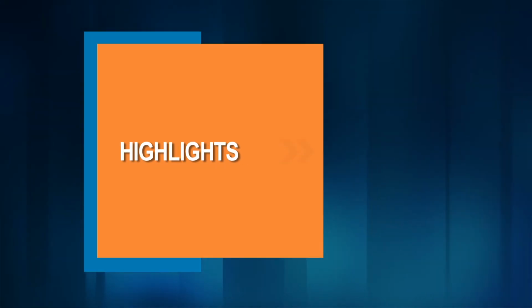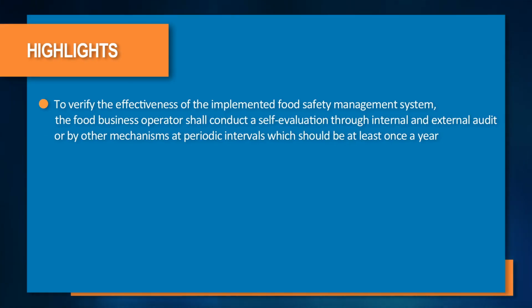Thus, the key points in this video are: to verify the effectiveness of the implemented food safety management system, the food business operator shall conduct a self-evaluation through internal and external audit or by other mechanisms at periodic intervals, which should be at least once a year.